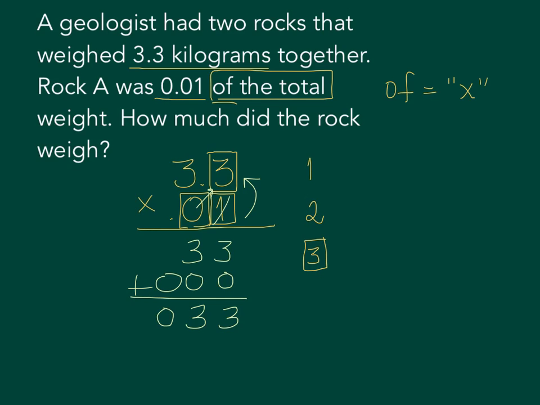We decided that there were a total of 3 places in the factors, so there should be 3 in our product. So here's 1, 2, and 3, and that's where my decimal point goes. So rock A really only weighed 33 thousandths of the kilograms.